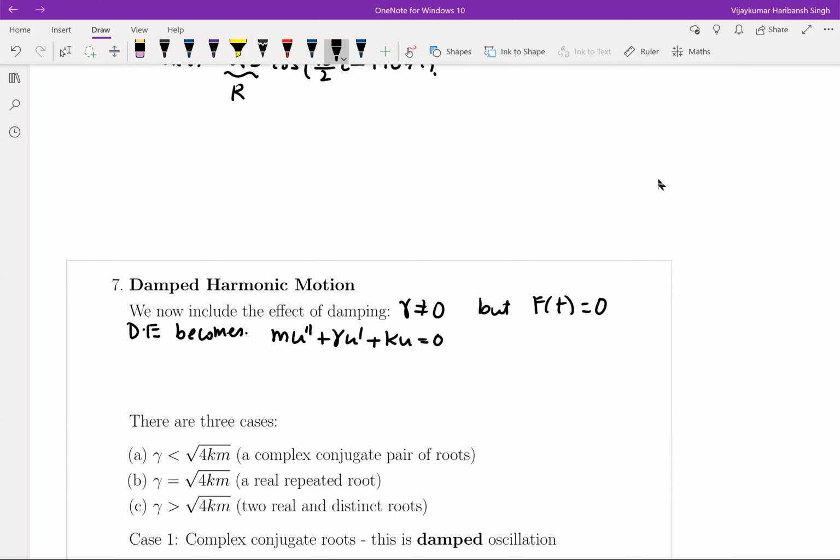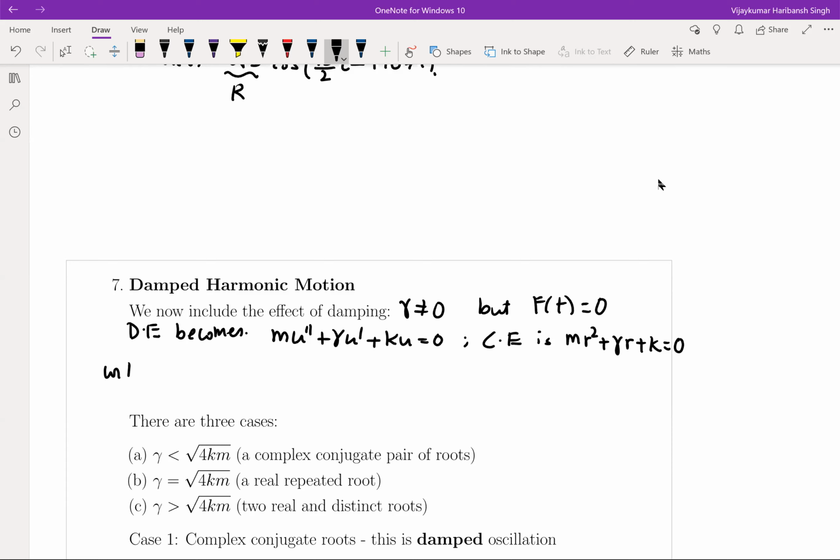Again, these are constant coefficients. M, gamma, k are constants. So the characteristic equation is m r square plus gamma r plus k equals 0. Now the two roots, let's solve it using the quadratic formula.